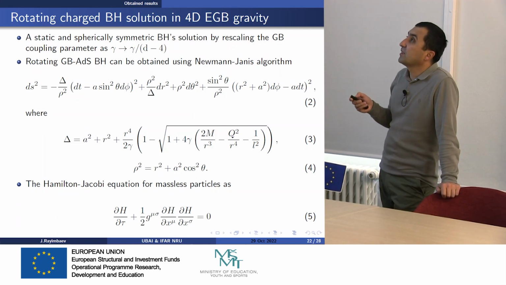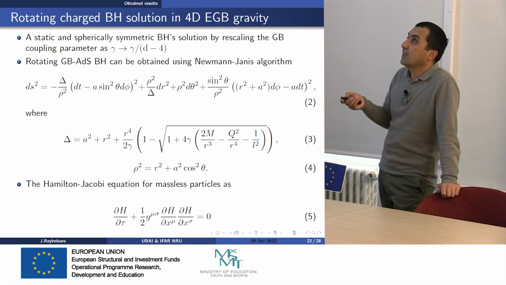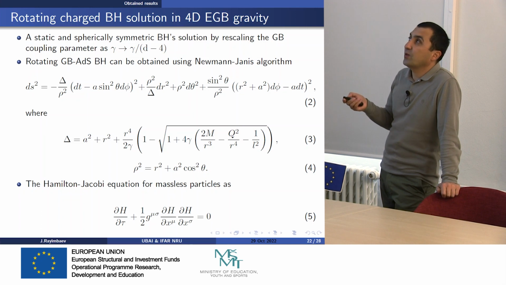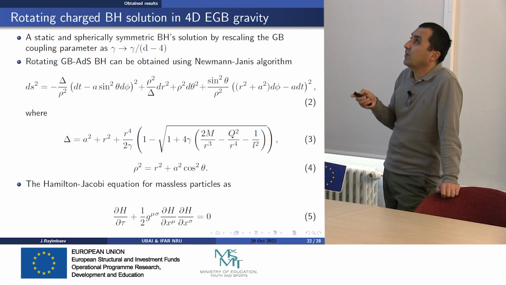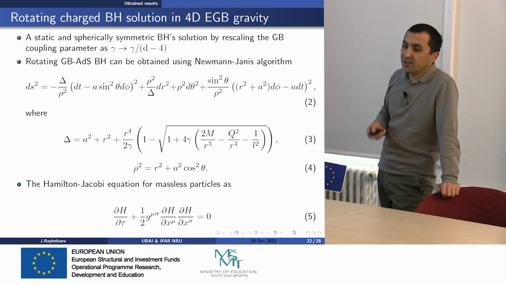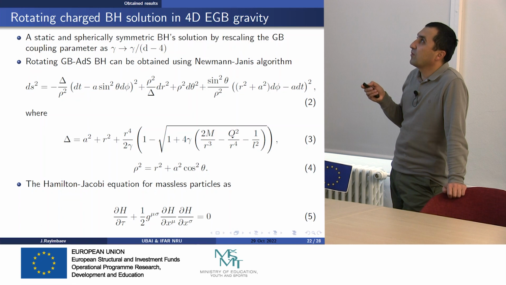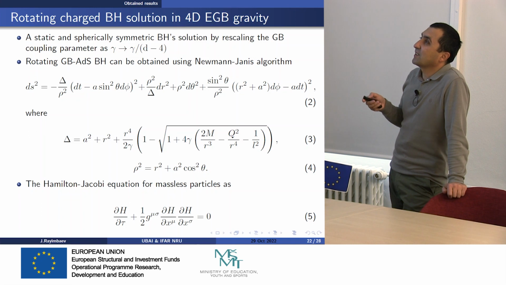In four dimensions there were some problems in the action, and three years ago it was found that by changing the Gauss-Bonnet coupling parameter from gamma to gamma over 4, the problem is solved, and there are several black hole solutions obtained in the frame of Einstein-Gauss-Bonnet gravity, and here the rotating solution of the gravity.